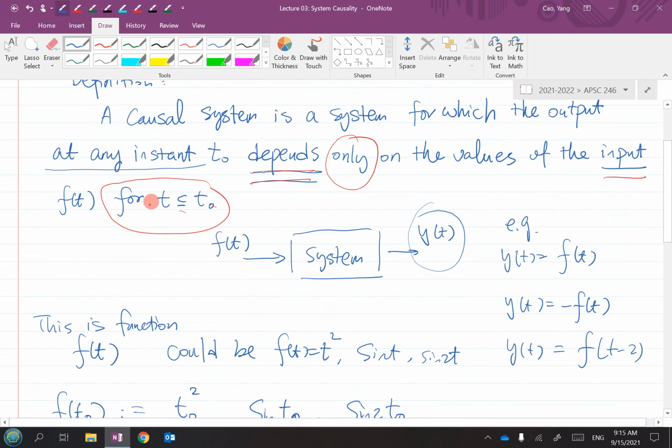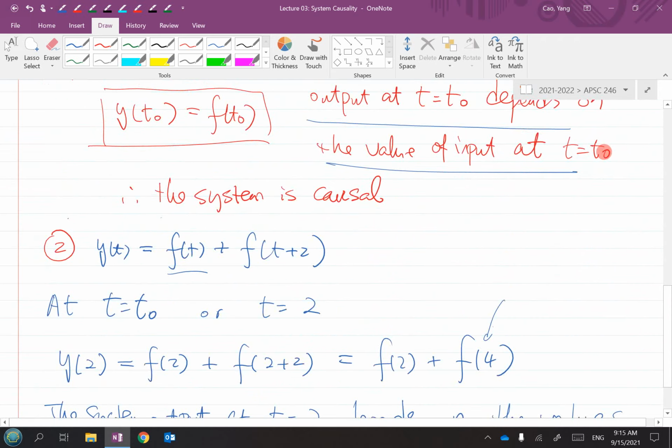So when we say t less than t naught or less than or equal to t naught for f of t, for the input, the less sign basically means past input. The equal sign means what? The current input.